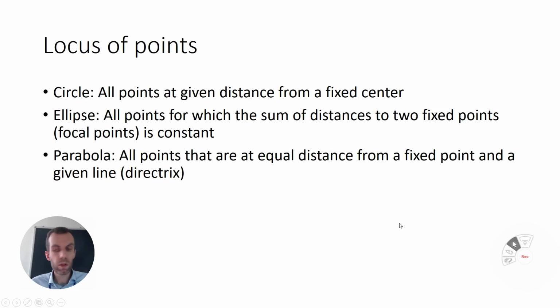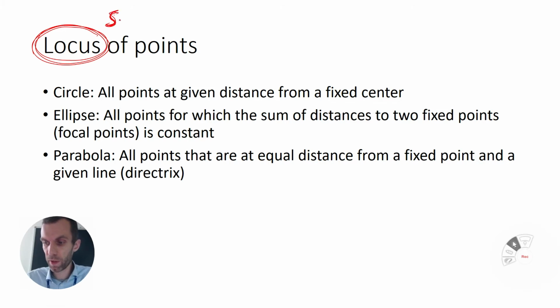So now let's move on to something that's a little more abstract, but we'll see a couple of examples of this. And it's this so-called notion of a locus of points. So what is a locus? It's a new word, but locus basically just means a shape or a figure.